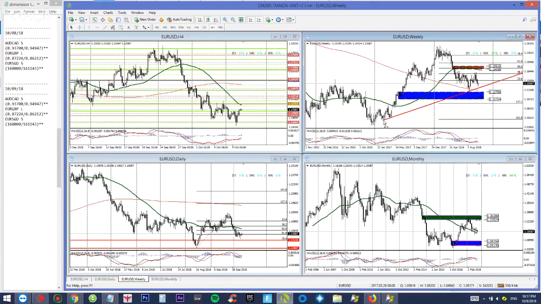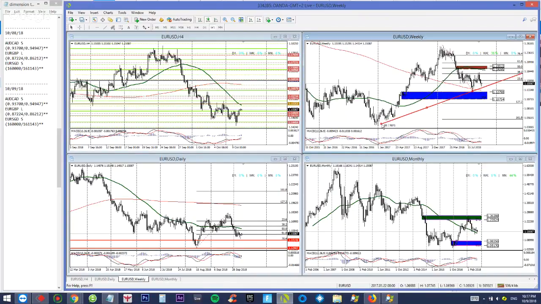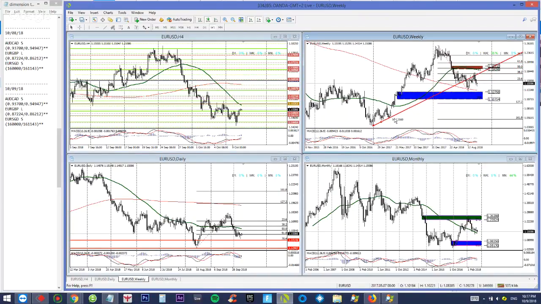If we draw from here and here, it's going to be broken. If we draw from here to here, okay, so we have lower low, breaking high, retrace 78%.